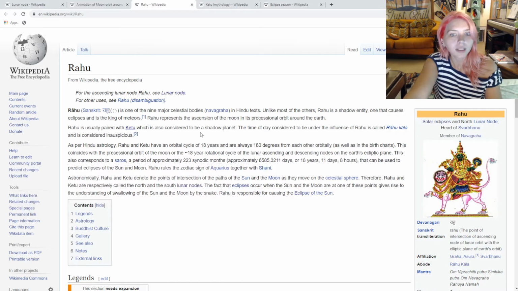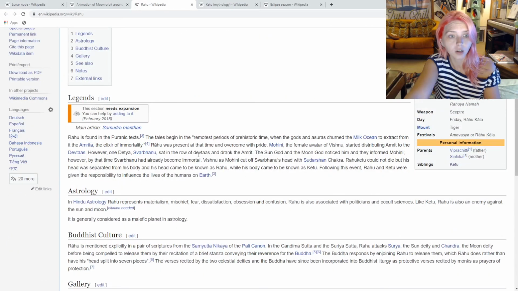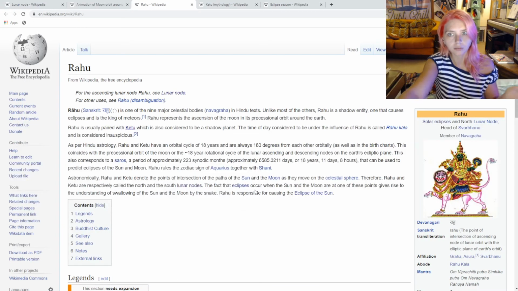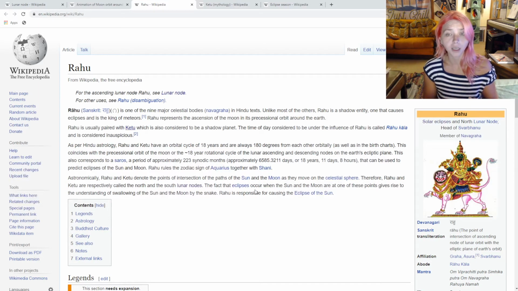Basically what it stands for is karma. The tail of the lunar node, as opposed to the head, is supposed to represent what you come into this life bringing with you, the wisdom that you have intuitively to help you through this life.